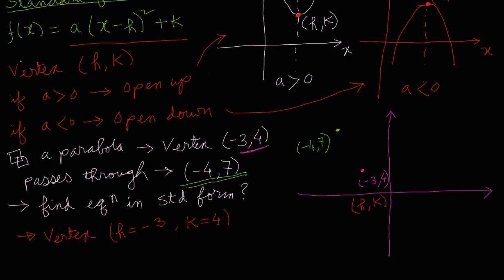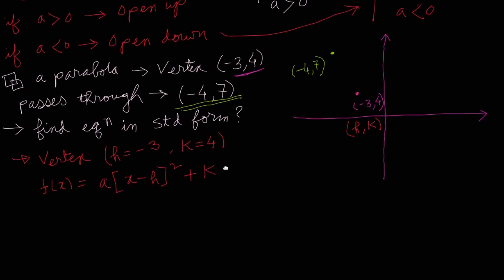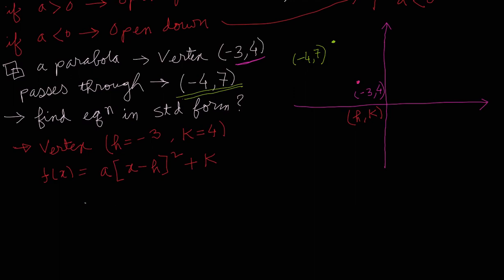Now the standard form of the equation of a parabola is a(x − h)² + k. So the standard form of my parabola is f(x) = a(x − h)² + k. Let me now put in the values.